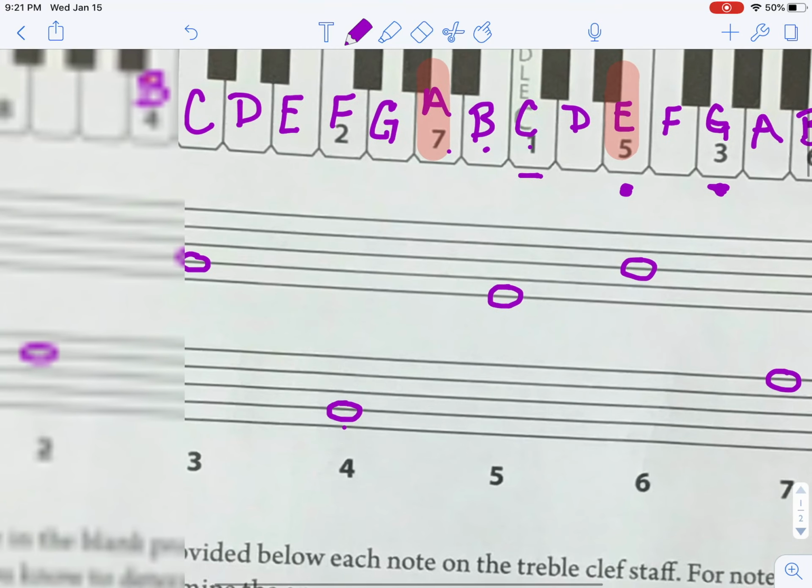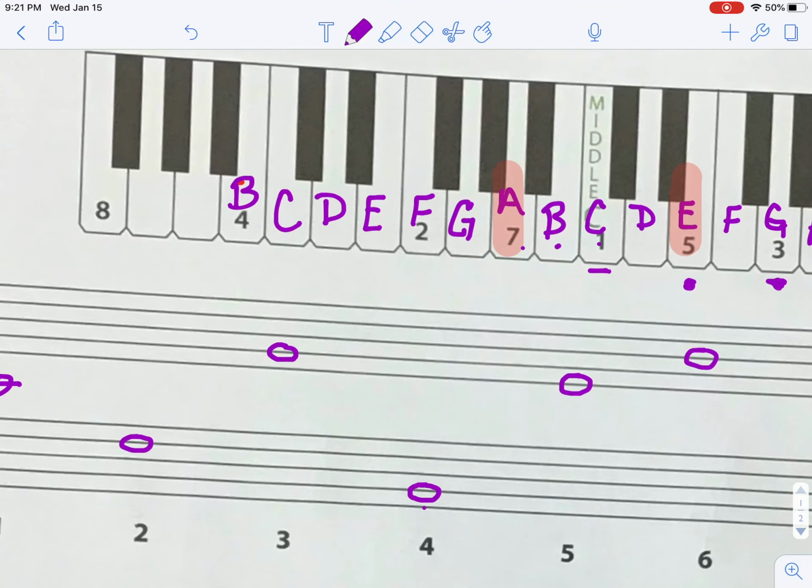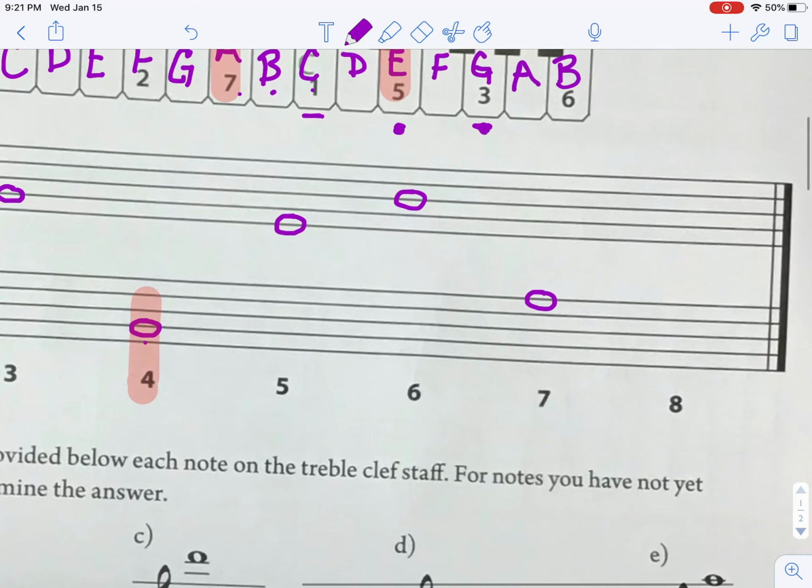Now our last note, number 8, is crazy far away from middle C. We've already figured out B. We're actually going to use him as our homing beacon, number 4 here, to help us figure it out. But as we go backwards, we have B, then A. We have to loop around to the back of the musical alphabet again. G, F. So this one, guys, is going to be off of the staff, okay?